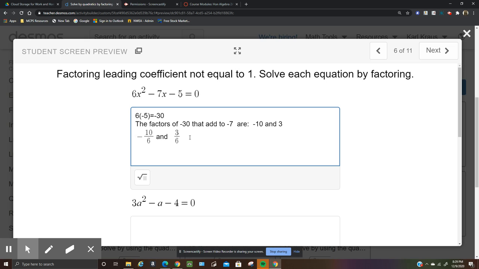Simplify those two fractions. It becomes negative 5/3 and 1/2, sorry.